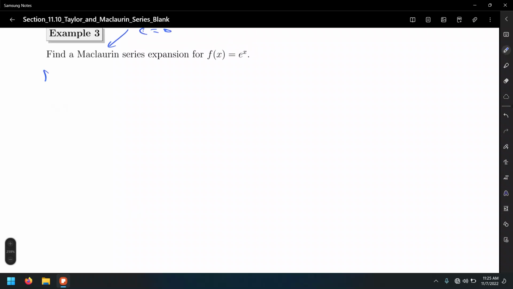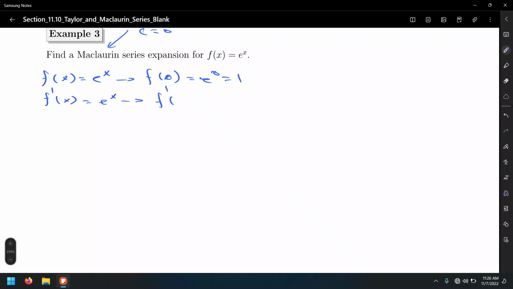So let's evaluate the function f of x equals e to the x, f at 0, e to the 0, which is 1. The derivative of e to the x is itself, e to the x; evaluate f prime at 0, e to the 0 is 1. Take the second derivative, which is itself, it's the same unless we had a coefficient, which we will in a further example. You'll see how that's going to work later.